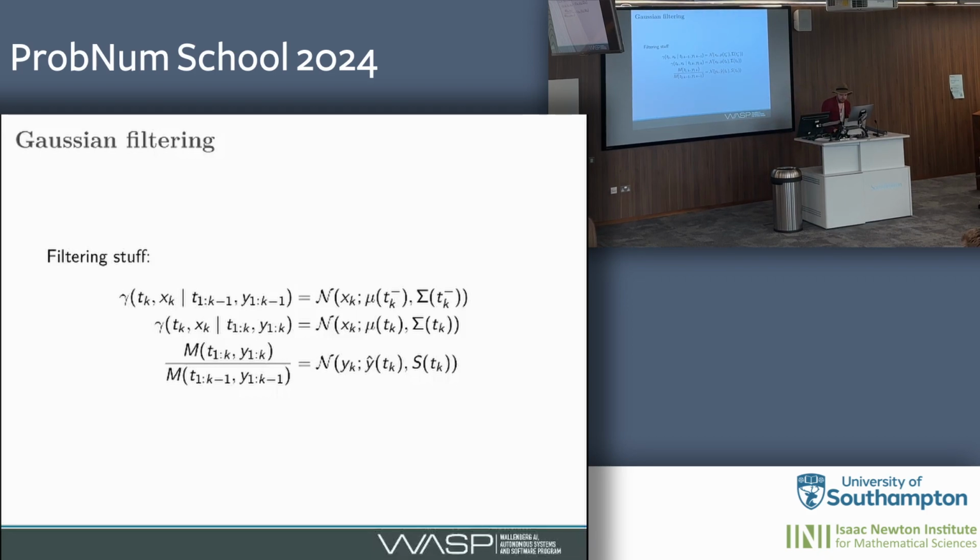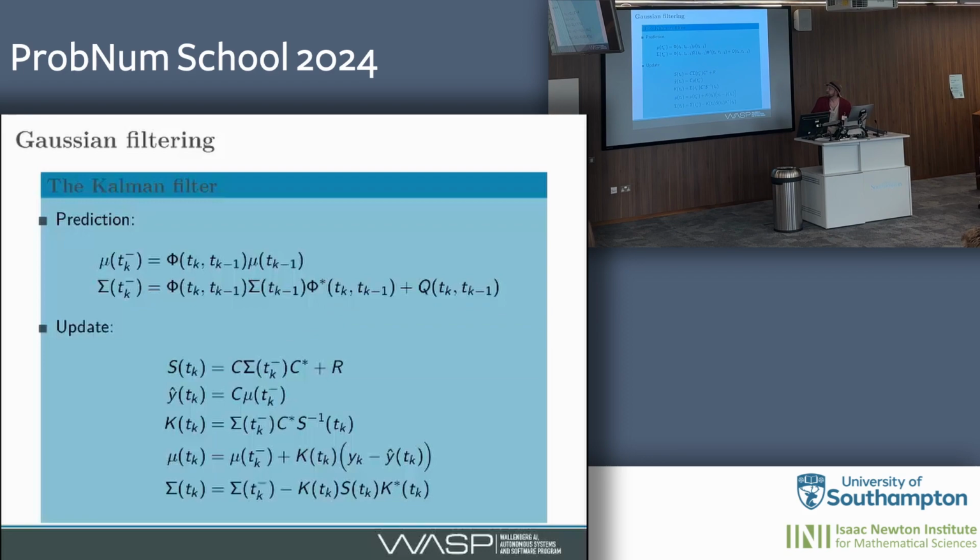I'm not going to go through all the algebra, but once you do that, you arrive at the famous Kalman filter. That's just a recursion for the mean and covariance. You take the previous filtering mean and covariance and shoot them through the transition density, which looks like so. You take the mean multiplied by the transition matrix to get the prediction, and then you do some sandwich-product things with the covariance.